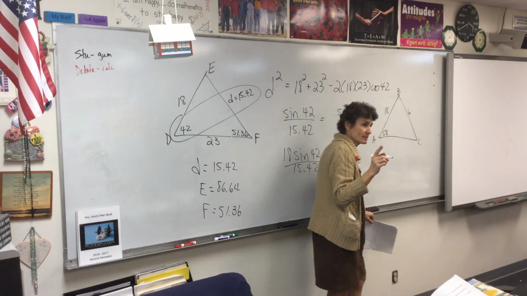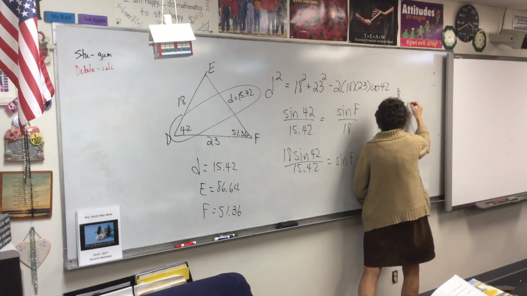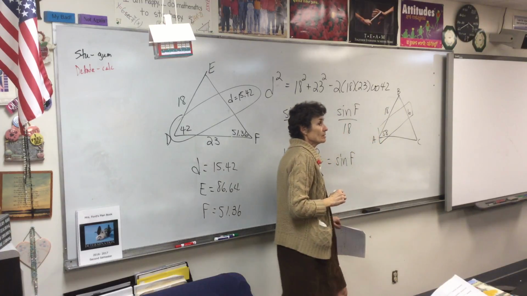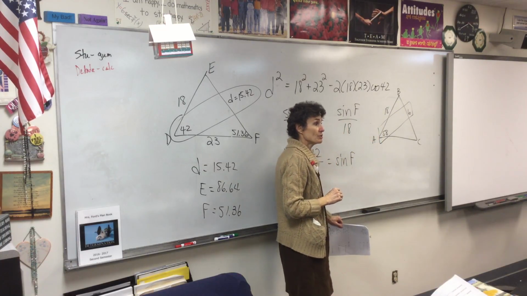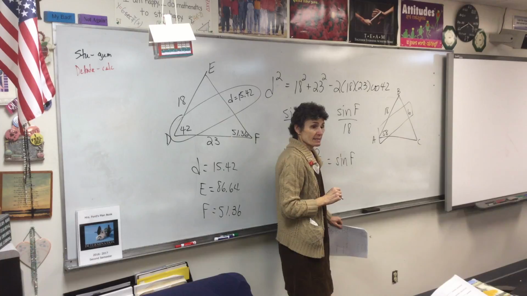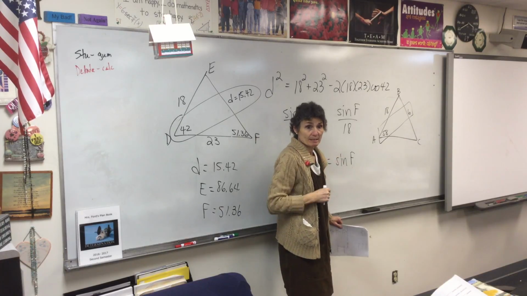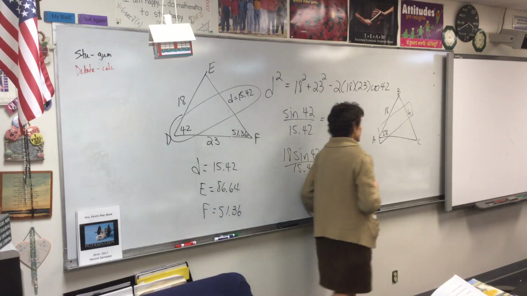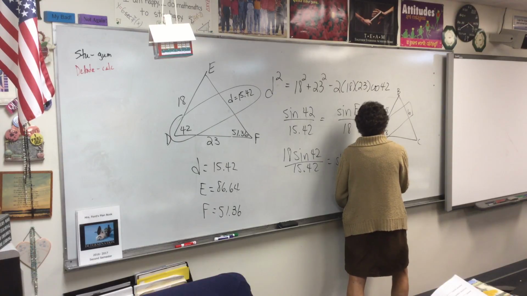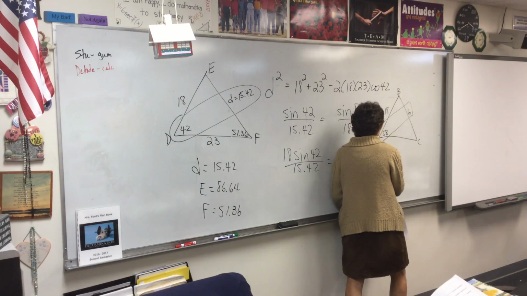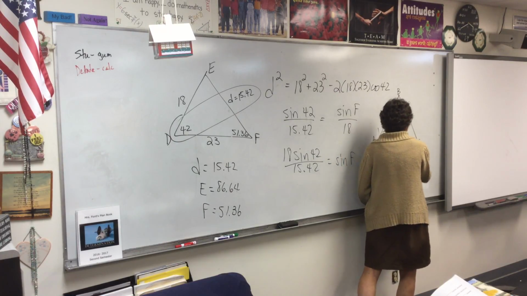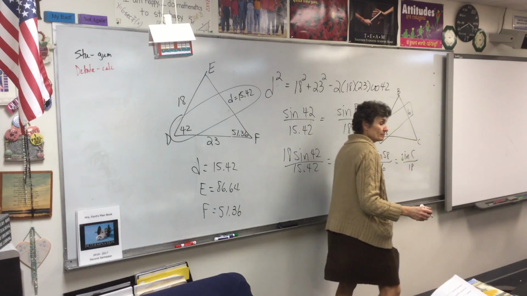Well, look, boys and girls, what have I got right here? A set. So we're going to go ahead and use the law of sines. Anytime you see that, you're going to want to do the law of sines. So we got sine 58 over 6 equals sine C over 18.